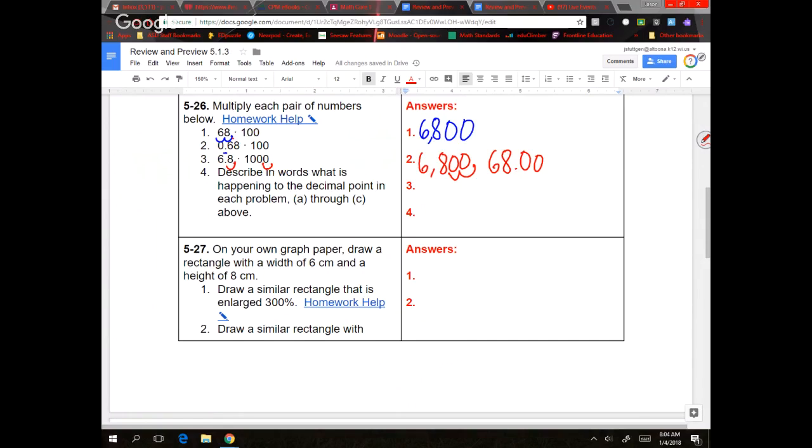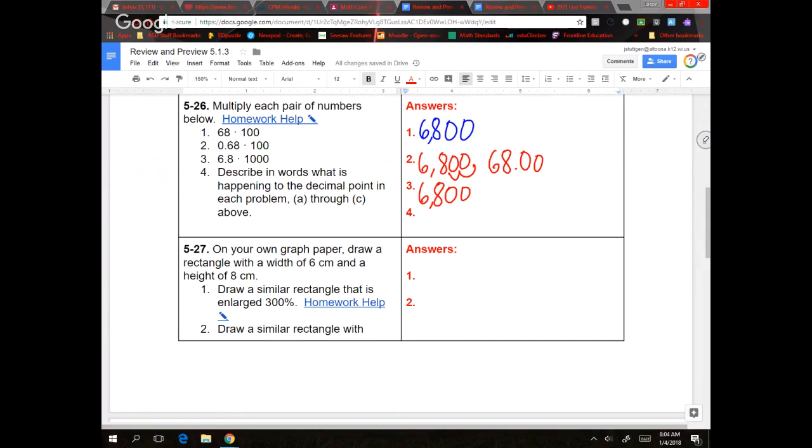So they moved 6.8, 1 to the left, and they moved the 1,001, 1 to the right. So really, if we're moving 1 to the left and 1 to the right, they cancel each other out. If I take 1 step to the right and 1 step back to the left, I'm back in the same exact spot. So 3 is the same exact answer as the first one.